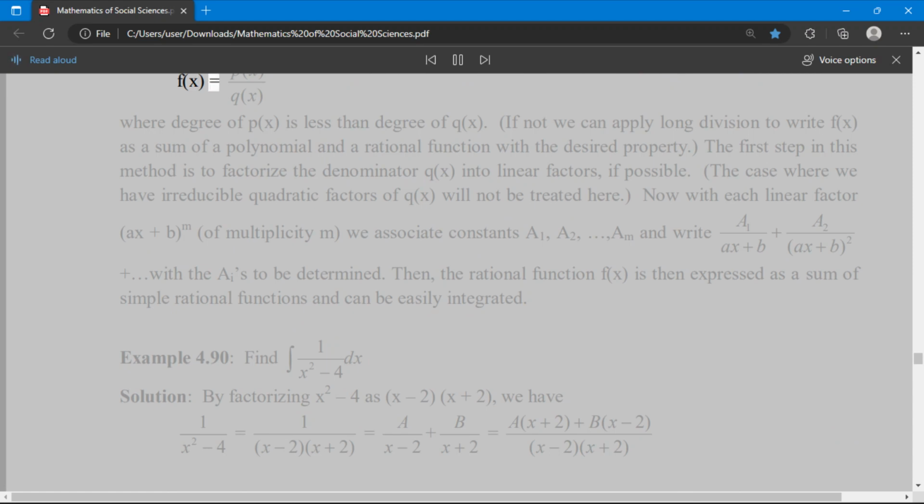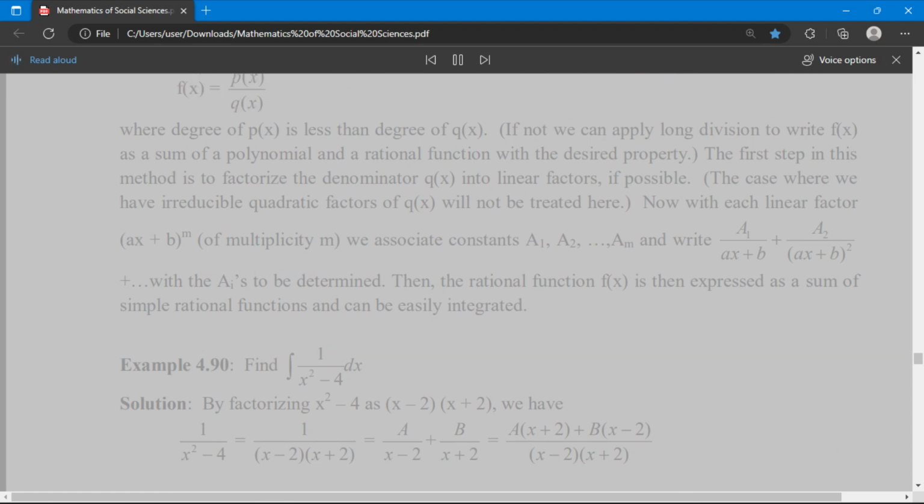f(x) equals p(x)/q(x), where the degree of p(x) is less than the degree of q(x). If not, we can apply long division to write f(x) as a sum of a polynomial and a rational function with the desired property.